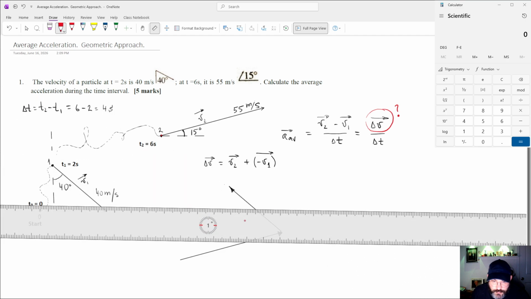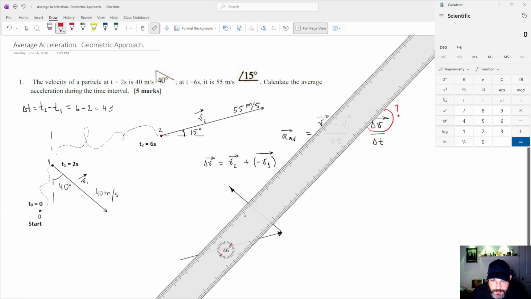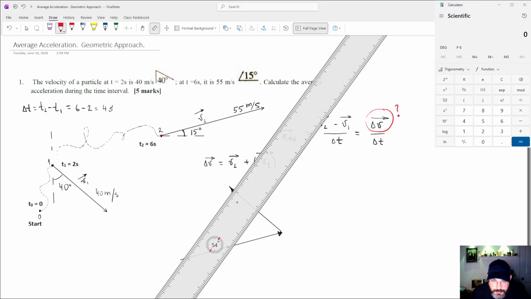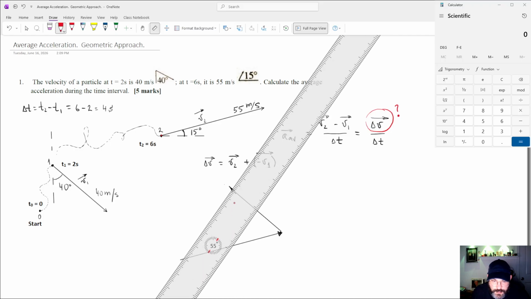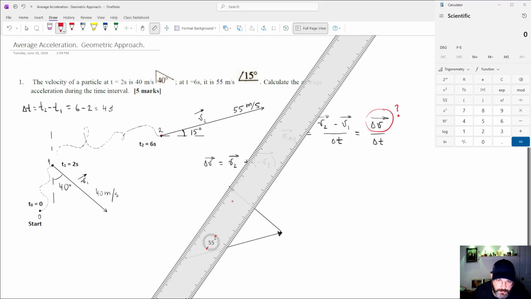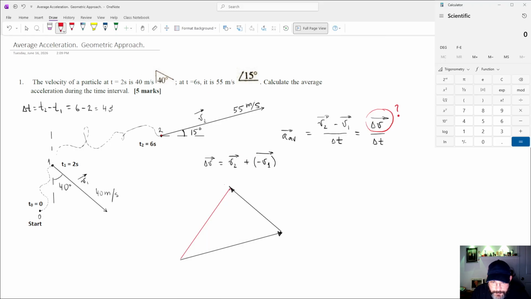Here, let's first draw the resultant, right? Our delta v in this triangle, which will go from tail of the first vector to the tip of the second vector, according to our vector addition rule. Okay. So this is going to be our delta v.